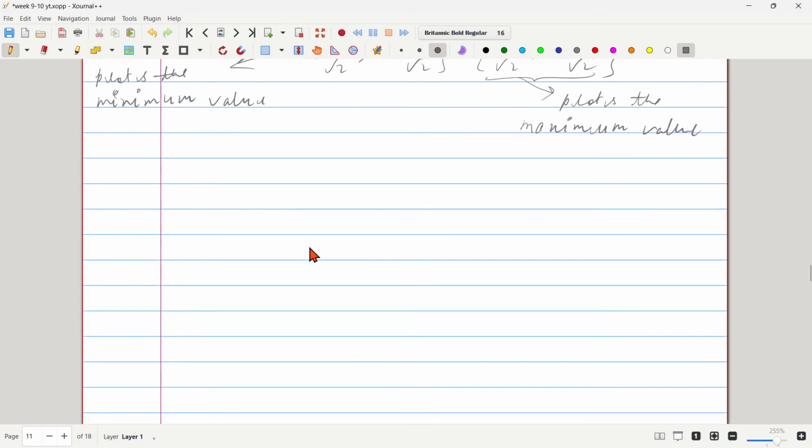Again, do the same. Gradient of f of x comma y comma z is equal to lambda times gradient of g of x comma y comma z, right? So 2x can be written as minus lambda z, 2y can be written as 2 lambda y, and 2z can be represented as minus lambda x.